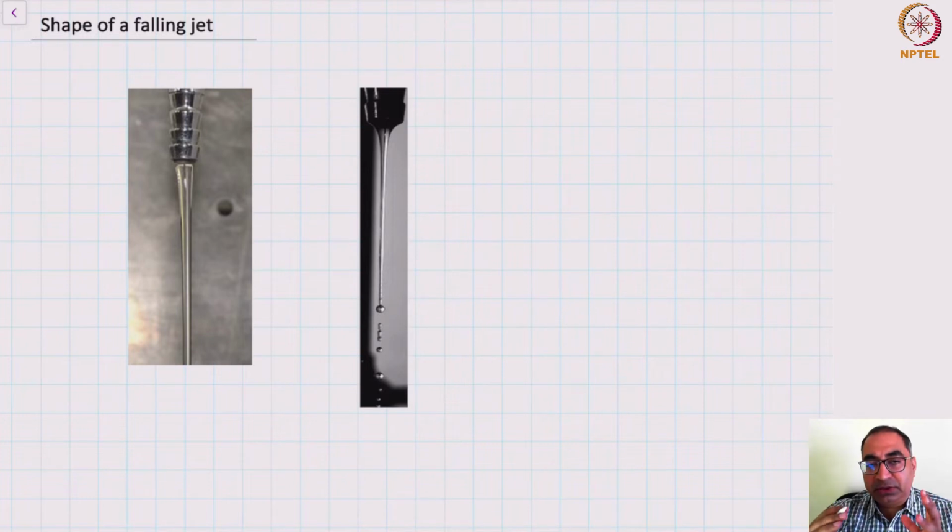Now if you let this jet continue to fall down, one of the common things that you see is that this jet breaks up into tiny droplets. We've already seen this in the introductory video. This is called the Rayleigh-Plateau instability. This is not the subject of this particular lecture, but we will rather focus on the first part, which is the shape of a falling jet.